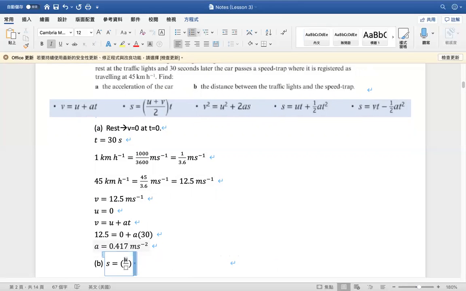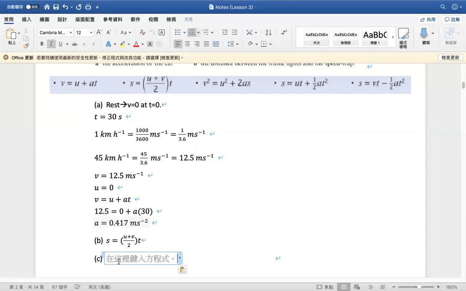So for this one we use the second equation. We have u plus v over 2 times t, and then let's plug in the quantities. s is what we want, and u is 0, and v is 12.5, divided by 2, times the time, 30 seconds.